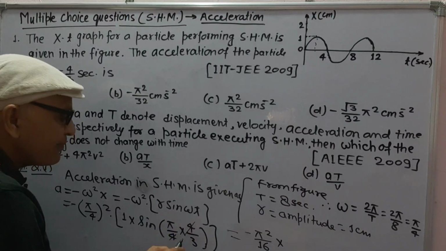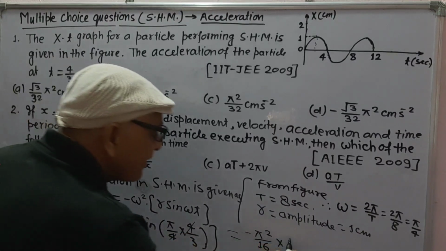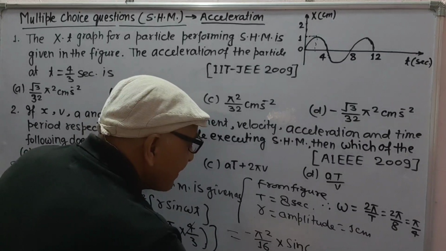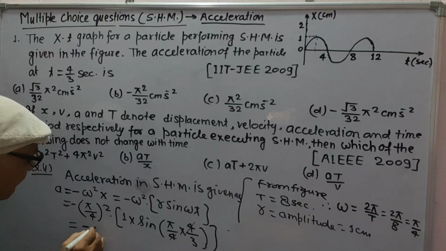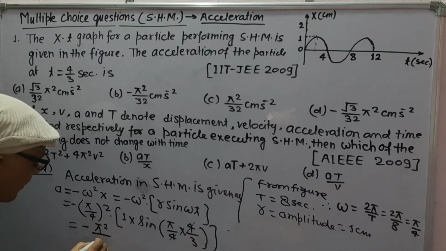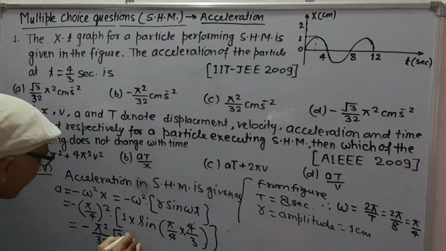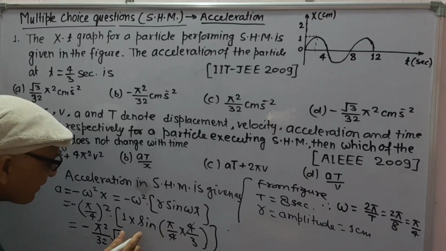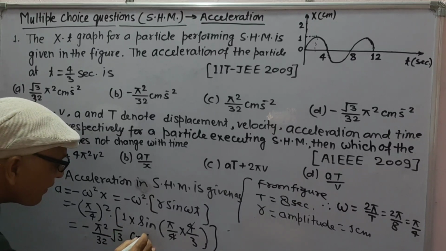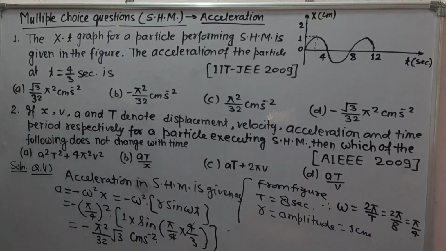Pi by 3 means 60 degree, sin 60 degree, which gives minus pi square upon 32 root 3 centimeter per second square. So the correct option will be B.